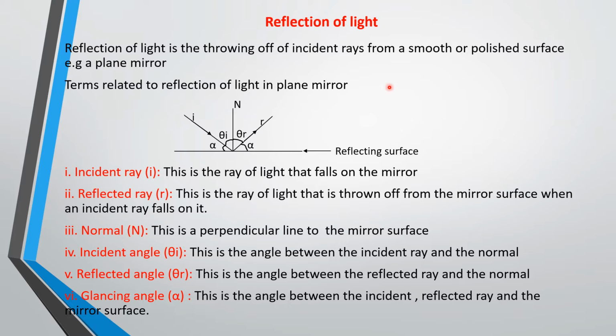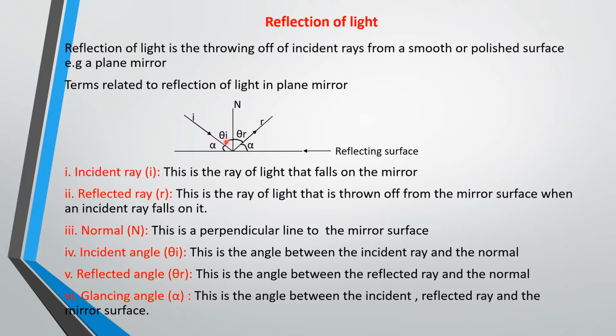And then there are some terms that we need to know when we are drawing the ray diagram to represent reflection of light. This is a typical ray diagram for a light that is incident on a plane smooth surface and then it is reflected. So this ray that is striking the surface of the mirror or the smooth surface is called the incident ray. Then the one that is being thrown off is the reflected ray.